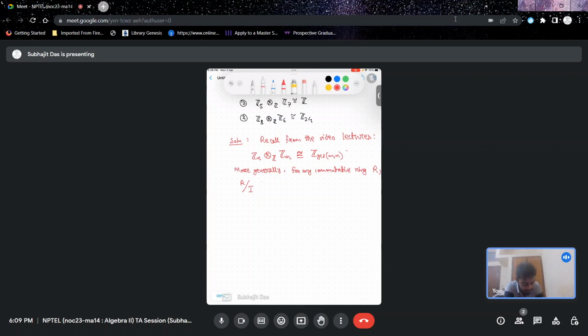Then R mod I tensored over R with R mod J is isomorphic to the R module R mod I plus J.